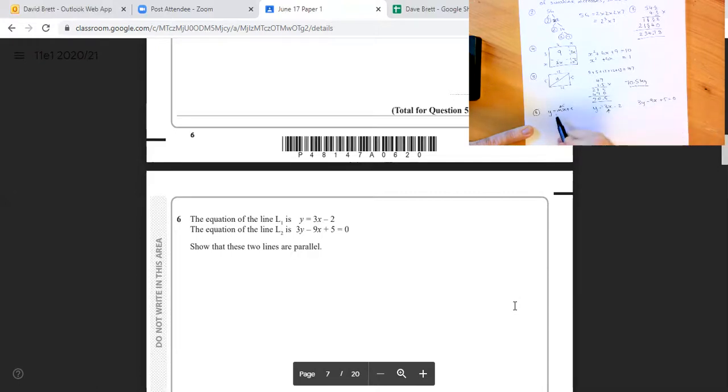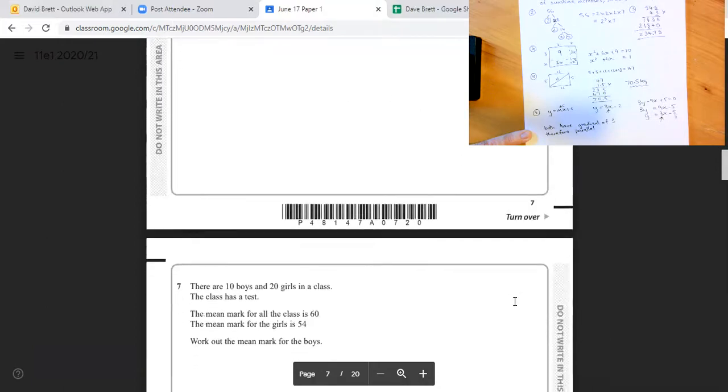I want it in the form y equals, so let's take everything other than the y to the other side. 3y equals 9x minus 5. Divide by 3: y equals 3x minus 5 thirds. So the gradient is 3 again. Both have gradient of 3, therefore parallel.